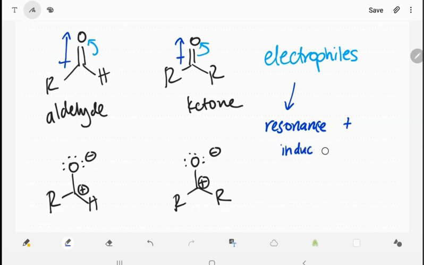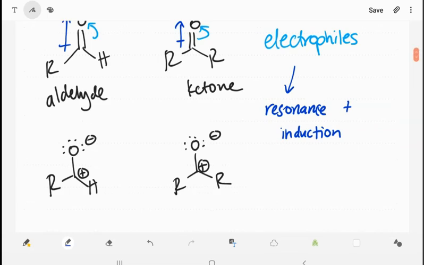Let me try this again. Induction. There we go. We see that if we remember our carbocation stability, this one is a bit more stable due to hyperconjugation.